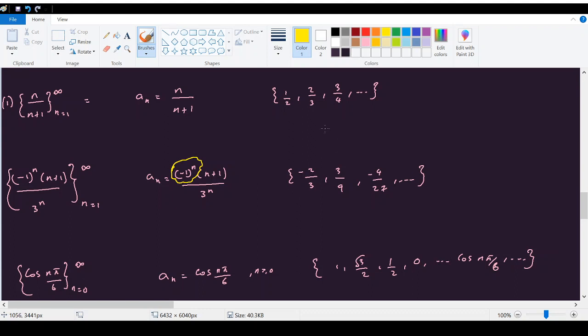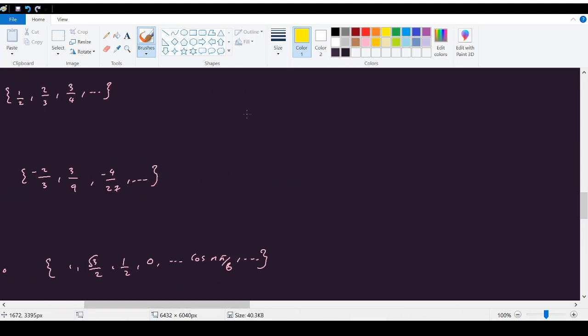Say we need to construct a sequence so that the plus and minus signs interchange. How do we write down a general notation for this sequence? Here the first position is negative 1, the second position is positive 1, and likewise the plus and minus signs interchange.